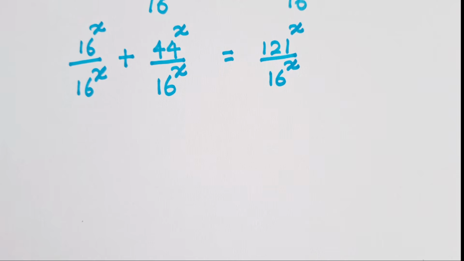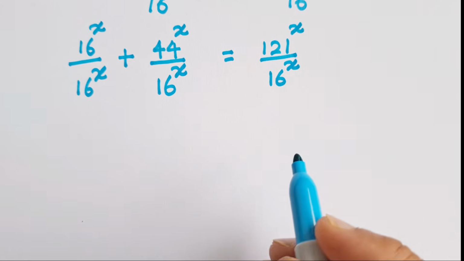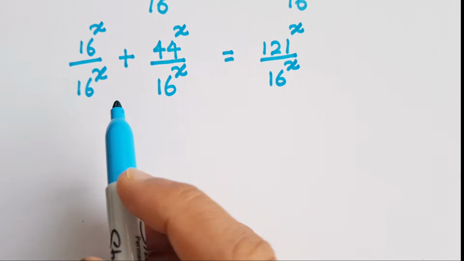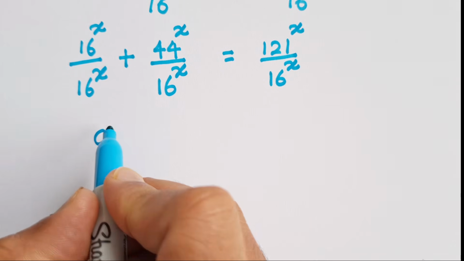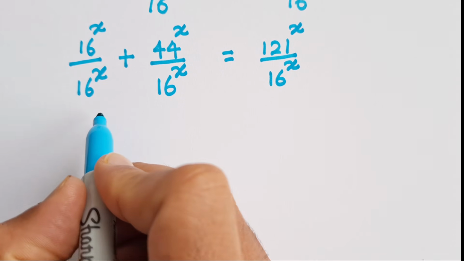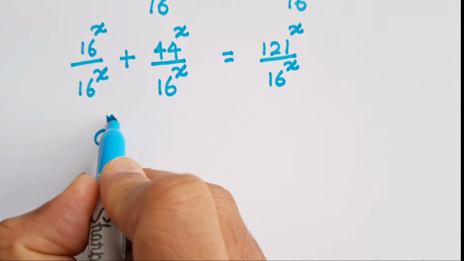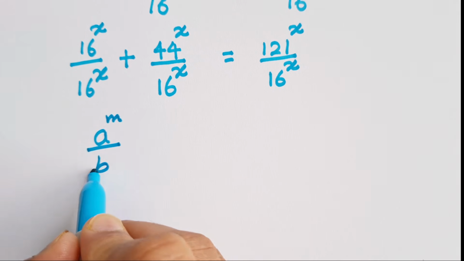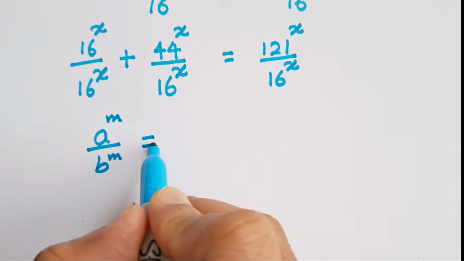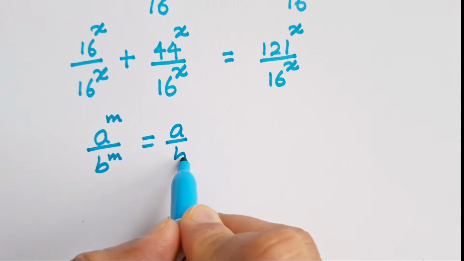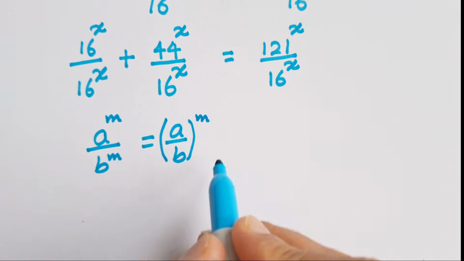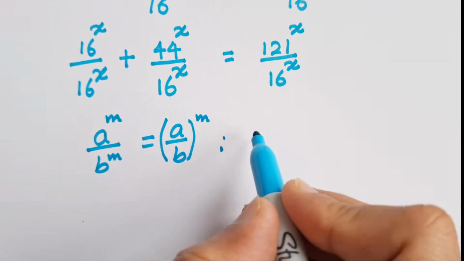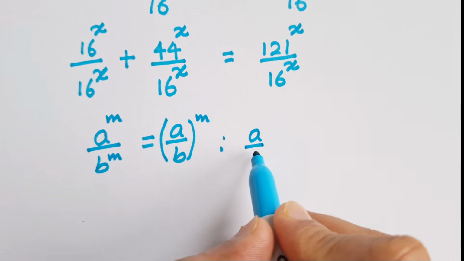Now in the next step, I am going to apply some exponential rules to my equation. So we know that for any real numbers a and b, a to the power of m divided by b to the power of m can be written as a divided by b whole to the power of m. We are allowed to do this for exponentials.